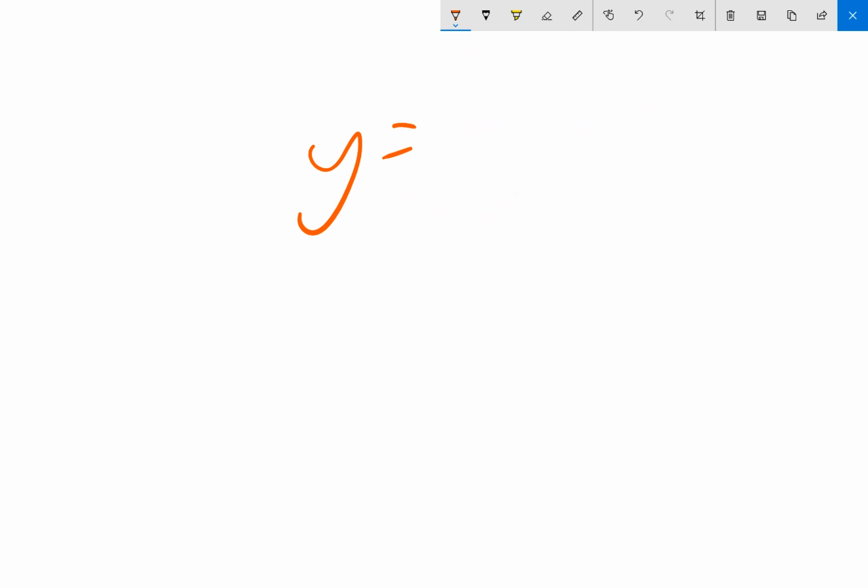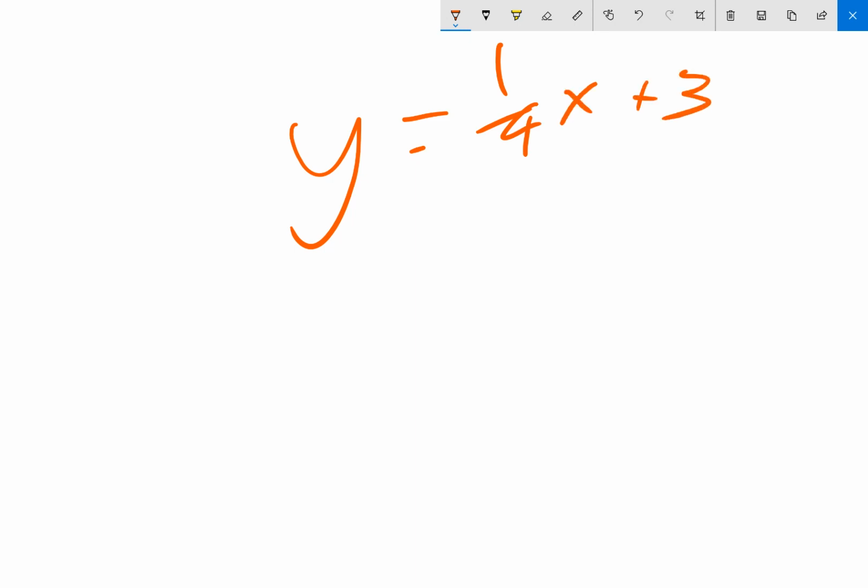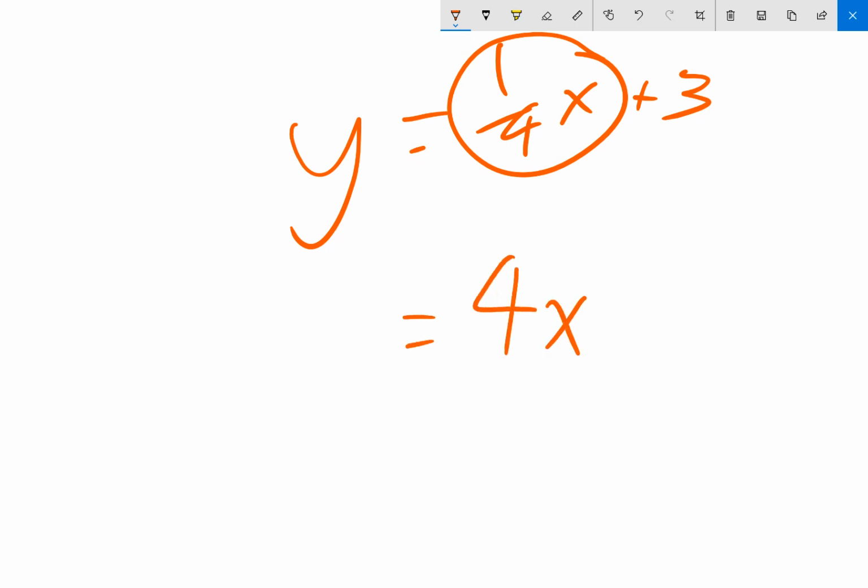In another example, let's say I have a function y equals 1/4 x plus 3. Well, if this is my function, then the opposite of 1/4 x, the inverse function, will be 4x, because 1 over 4, the opposite of that would be 4 over 1, and 4 over 1 is 4. So just knowing those things can really help.